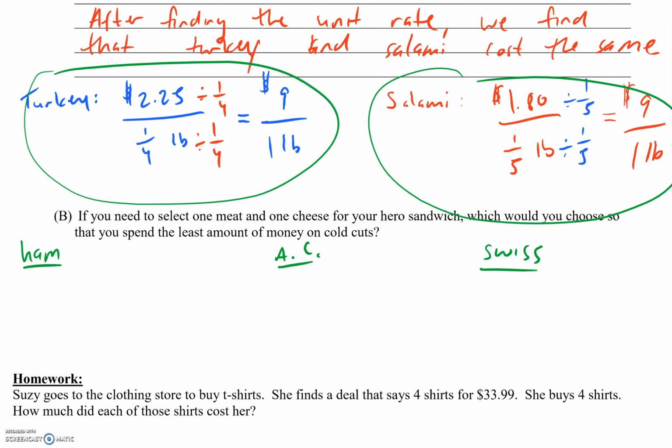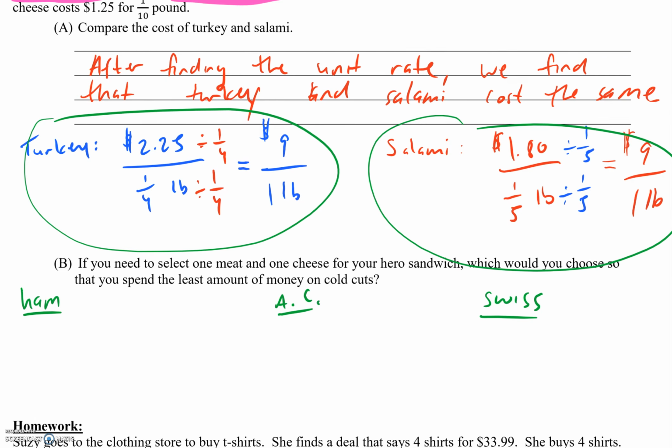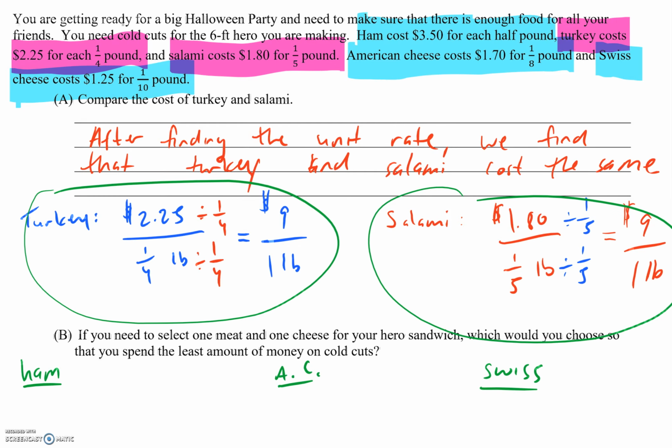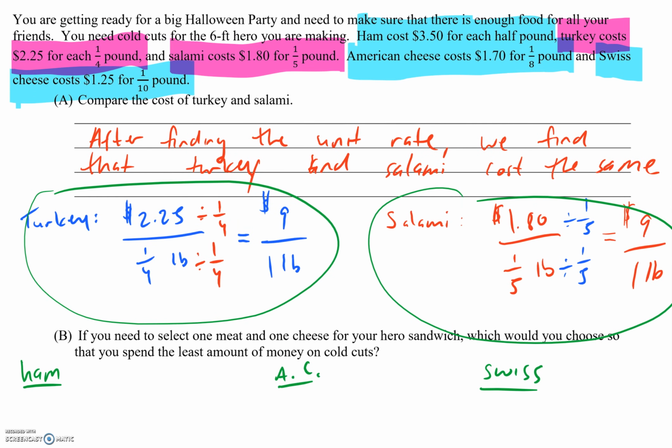So ham, going back to the question, it says that ham costs $3.50 for each half pound. We have American cheese costs $1.70 for 1/8 of a pound, and Swiss cheese costs $1.25 for 1/10 of a pound. All right, so let's find the unit rate for all those.